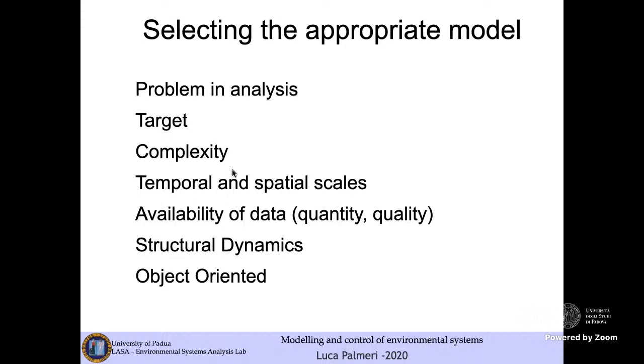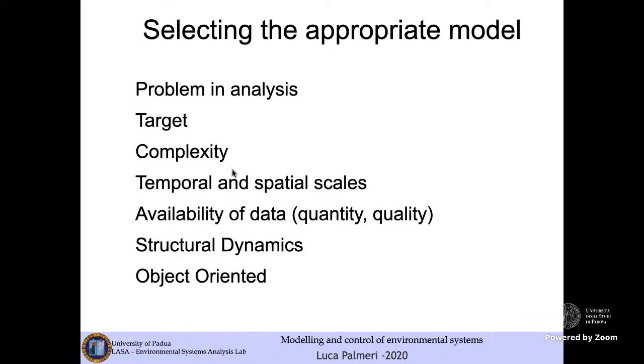So the point is that the type of data that you have in hand will guide you in building the appropriate model. This point is very sensitive because at this point I may get complicated.